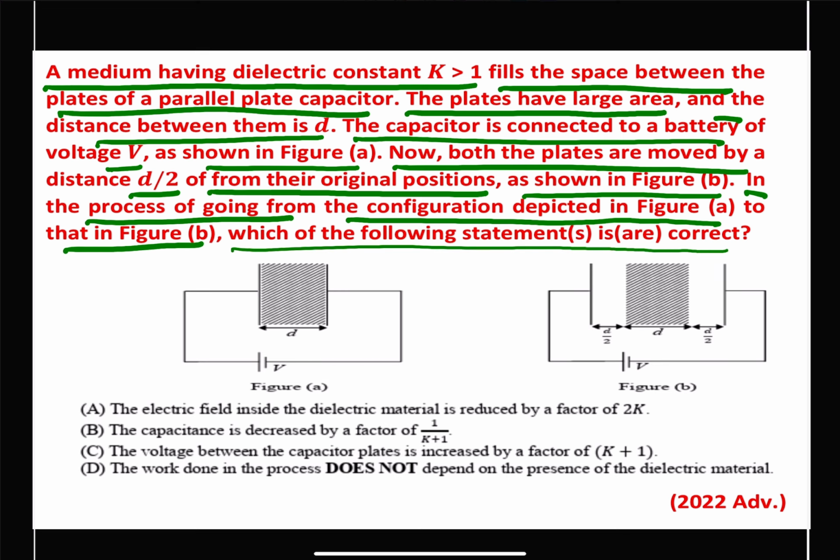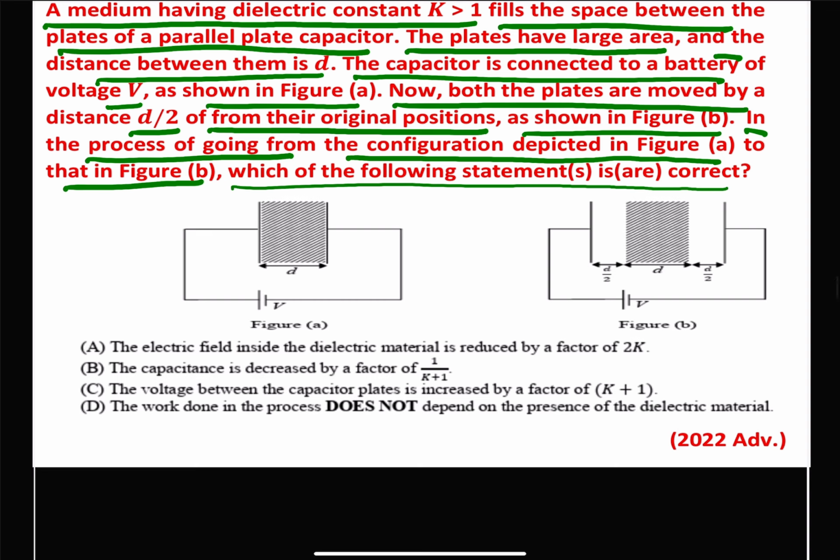So we are given two figures, figure A and B. In figure A, the dielectric occupies the complete space between the plates, whereas in figure B, the plates are moved further away by a distance of d by 2. So therefore, this entire distance between the plates now comes as 2d.